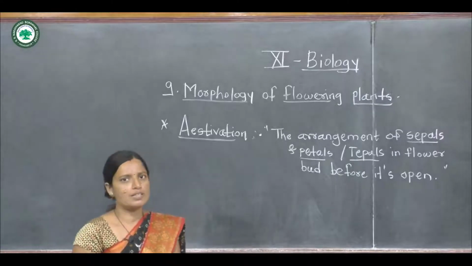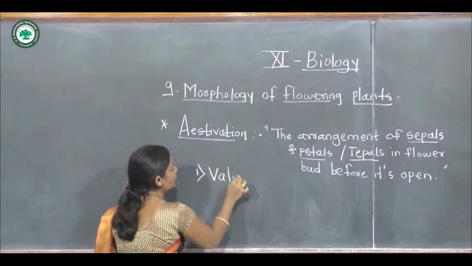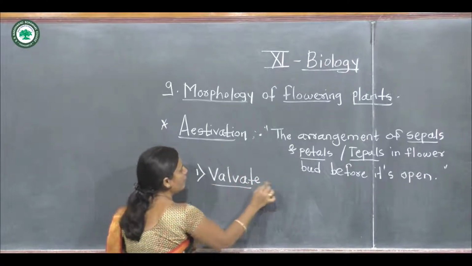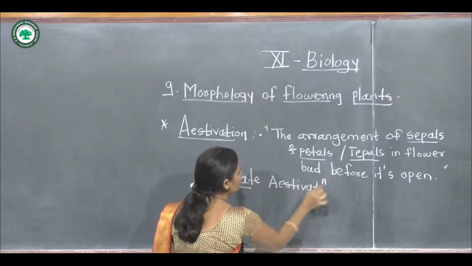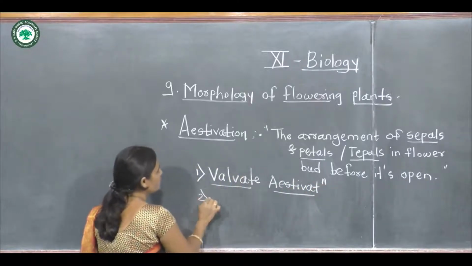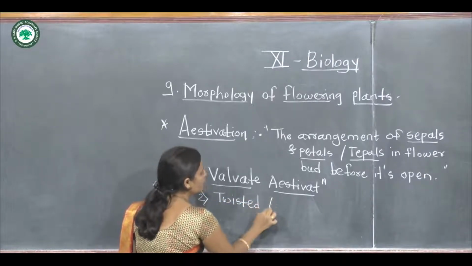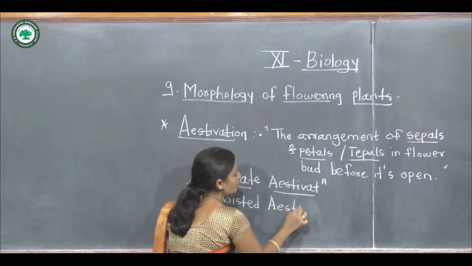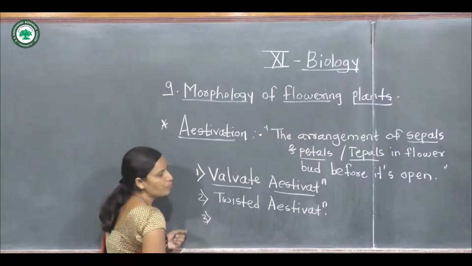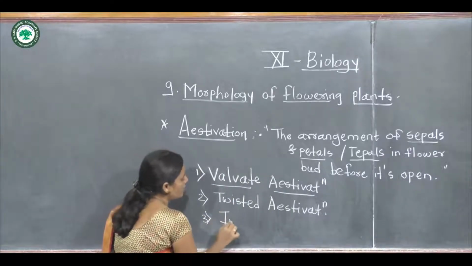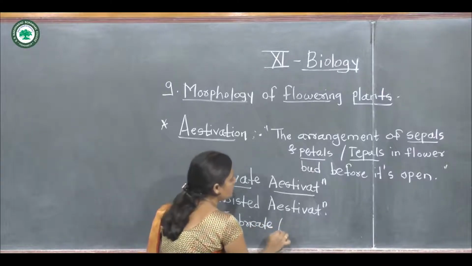Now these are the types of estivation. The first type is valvate estivation. The second type is twisted estivation. The third type is imbricate estivation.